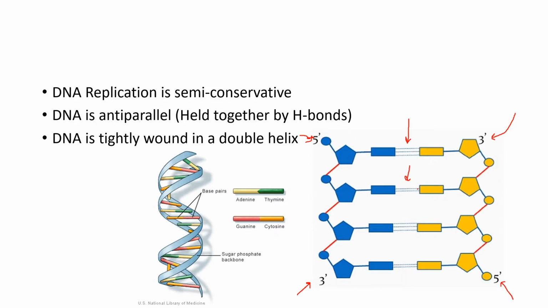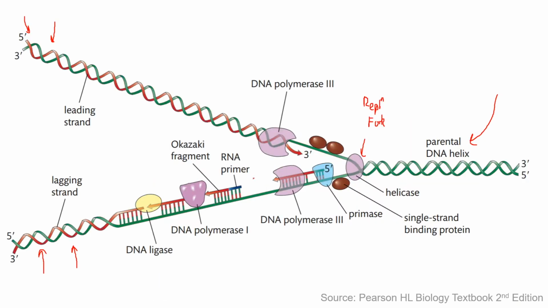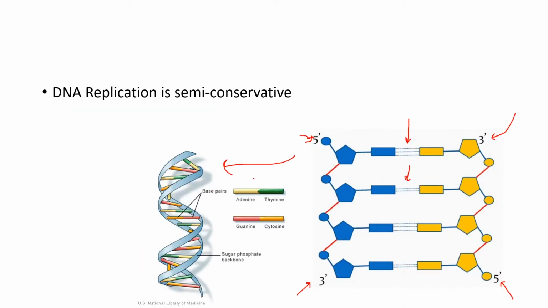Another thing to understand is that DNA is tightly wound in a double helix, which can be observed in this diagram here. The issue with this is that it makes it significantly more difficult to carry out this entire process.